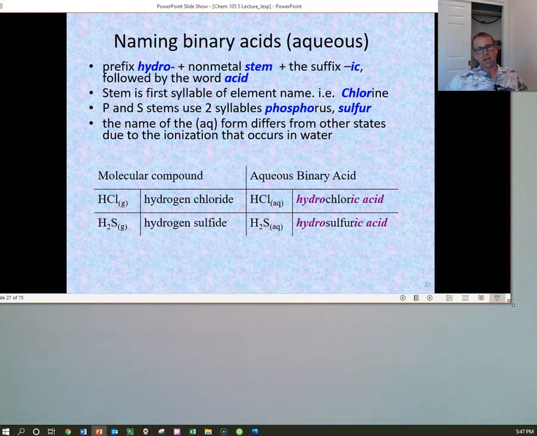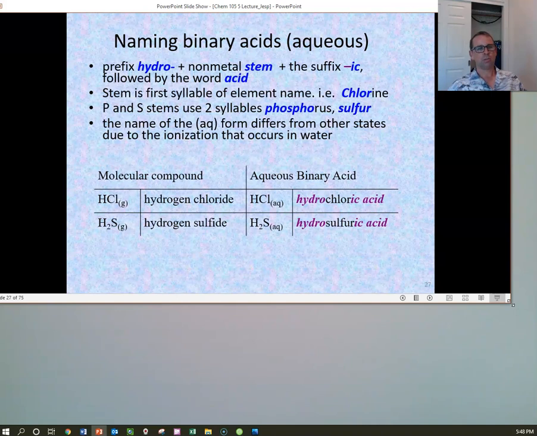Now, do you remember what the prefix bi is? Two. That's right. Binary means two, and binary acids are acids that are made of the hydrogen ion and only one other element, or one other ion, okay?